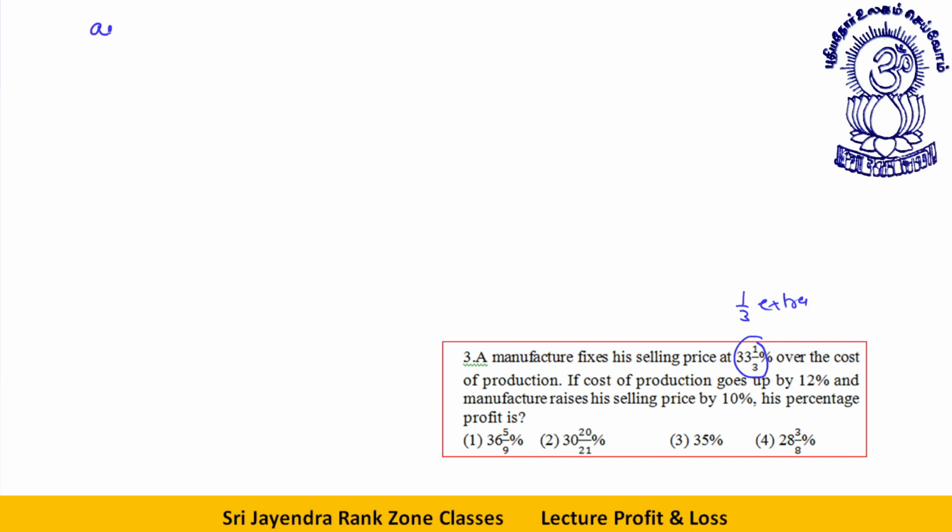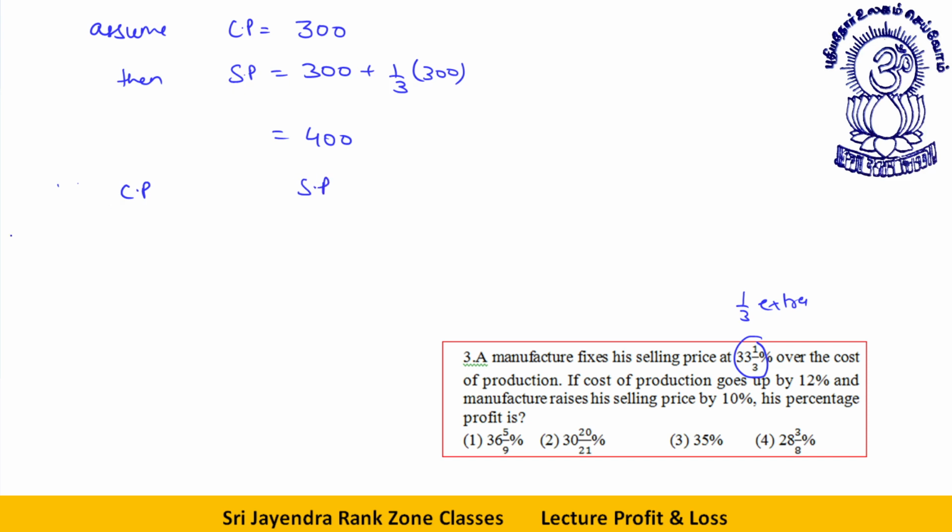So I assume CP is equal to 300. That way SP is equal to 300 plus one third of 300, that is 400. Okay. Initially CP, SP.